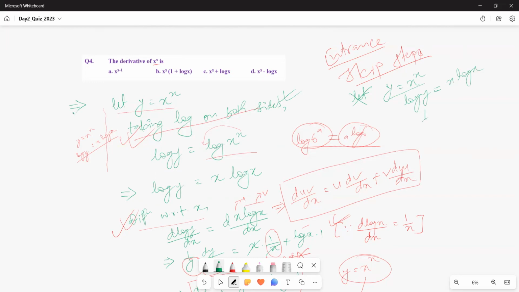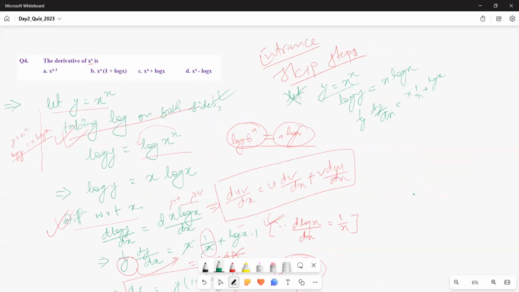You'll get 1 by y times dy by dx equals, first the derivative of the log x term, then x into 1 by x plus log x times 1. Even the next step I don't need to write, I'll simply think in mind.